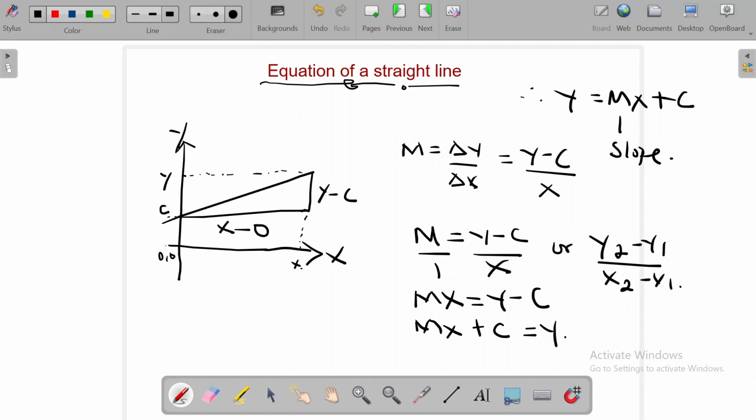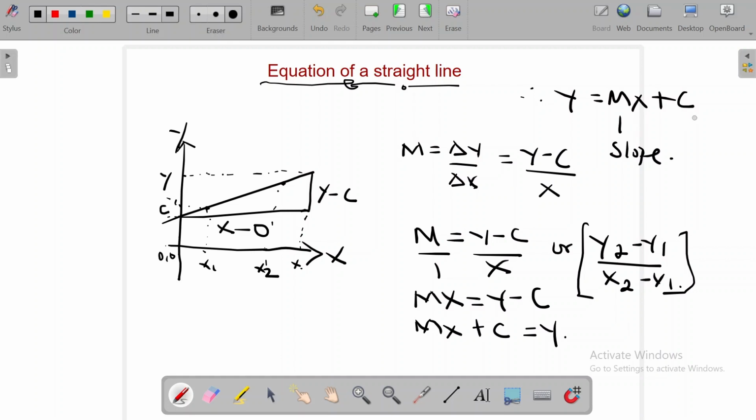So if I'm considering a point here, and I'm also considering a point here, in this case, I'm going to have a value for x1. I'm also going to have a value for x2. Same thing, I'm going to have y1 and y2. But what I'm emphasizing here is that slope is simply a change in y over change in x. If you rewrite this expression, it becomes y is equal to mx plus c. So please take note that this slope can also be calculated using this formula you see here.